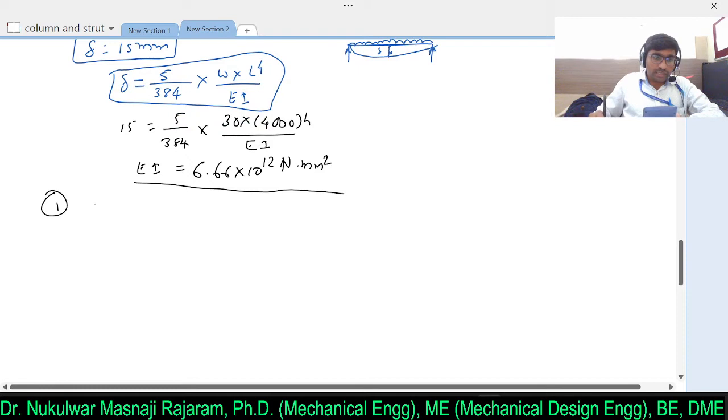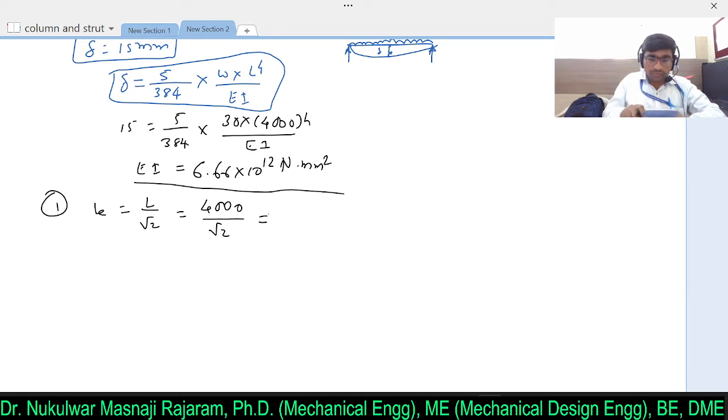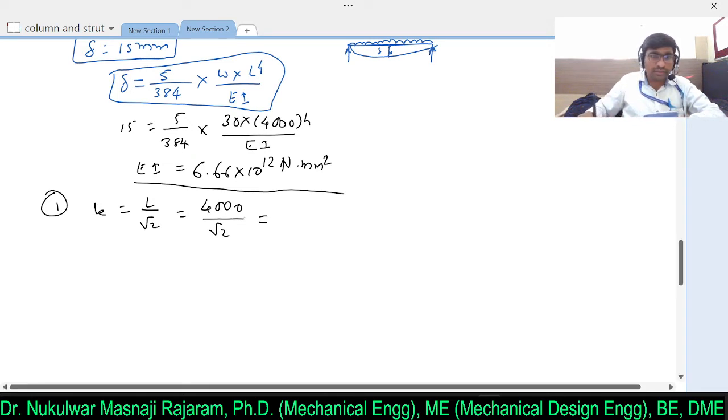So I will consider LE equal to L by root 2, that is 4000 divided by root 2, which is 2828.42 mm.